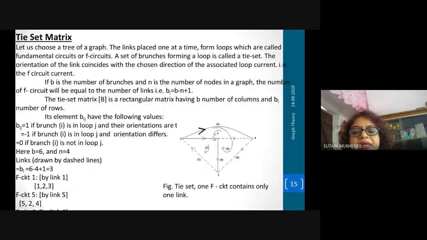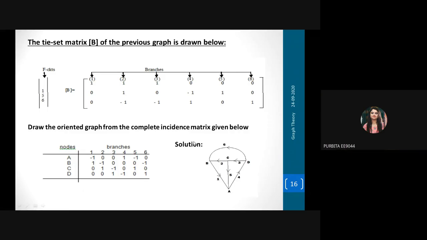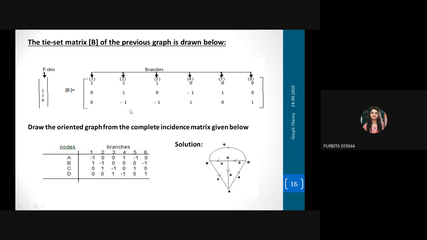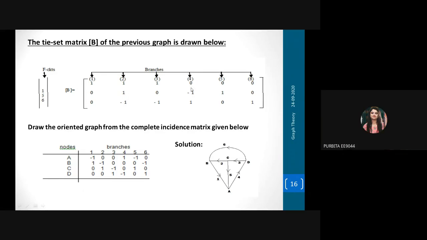Yes or no? Link 5, 2, 5 and 4. This is the loop. Yes, ma'am. 2, 5, 4.